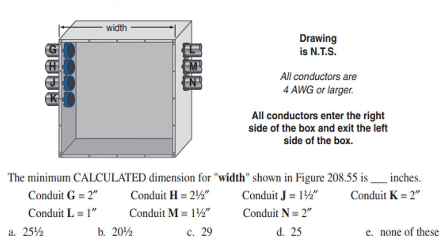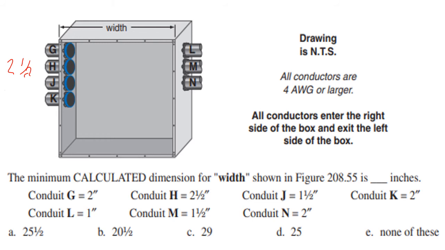For another example, all conductors enter the right side of the box and exit the box at the left side. What's my minimum calculated dimension for width? You see how they've drawn it for us. Well, what's our largest conduit? It looks like our largest conduit, going left to right, would be conduit H. Conduit H is 2.5 inches. And now I add the remaining conduits to that.